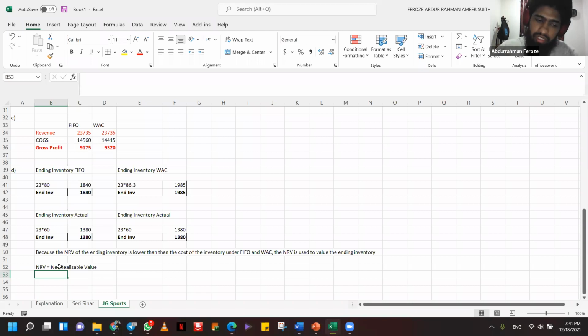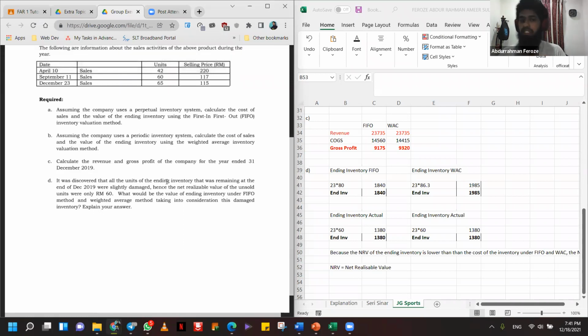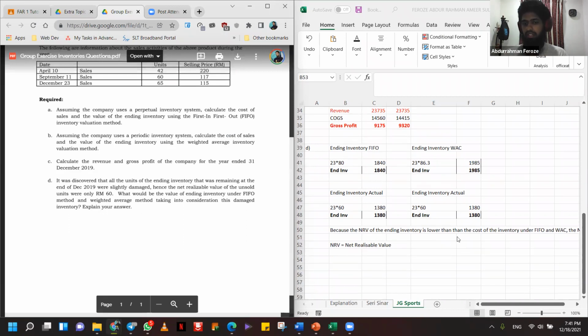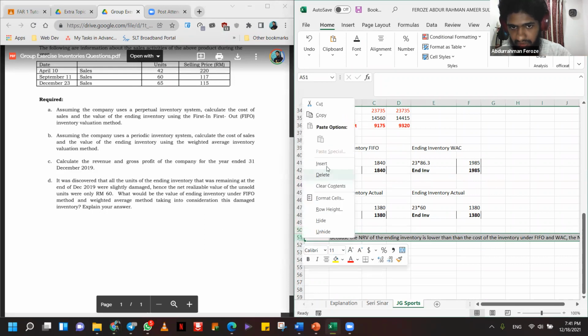So once these products that they had got a bit damaged, it was worth only 60 ringgit. And so we have to adjust, right? Now actually we have to make the adjusting entries, like in the previous question, we made adjusting entries.